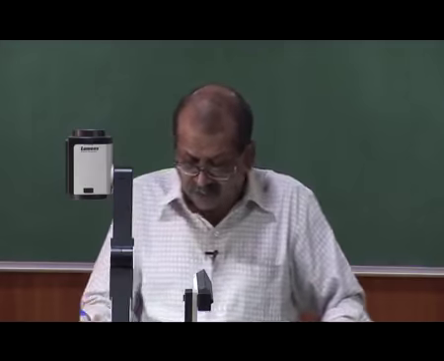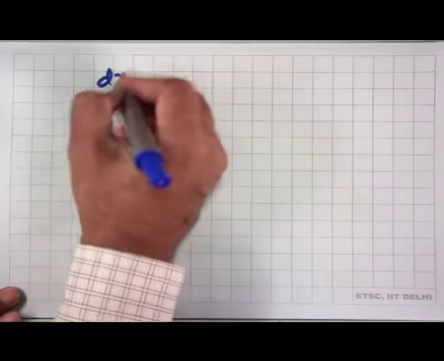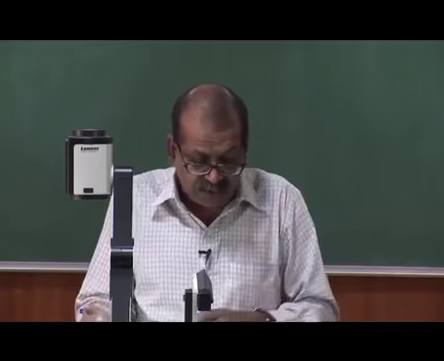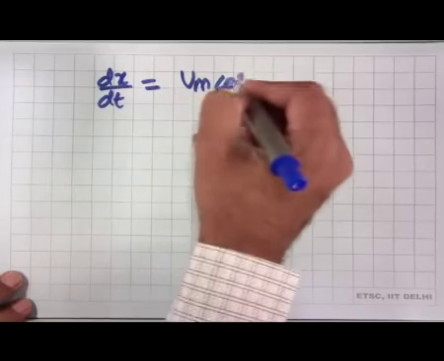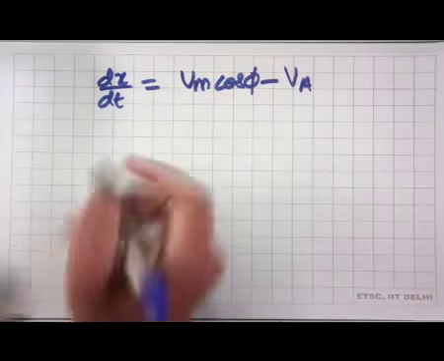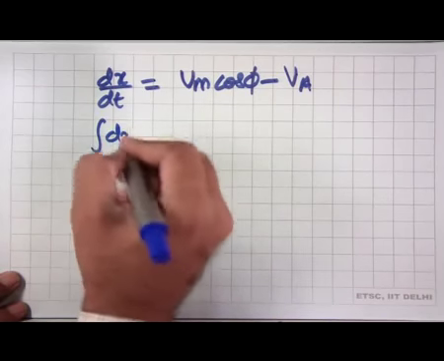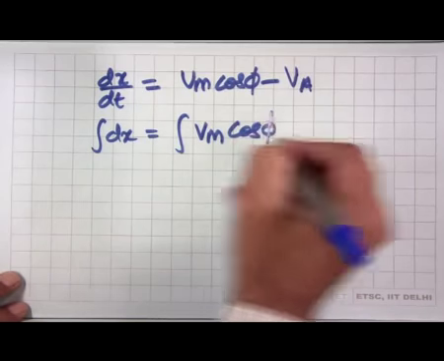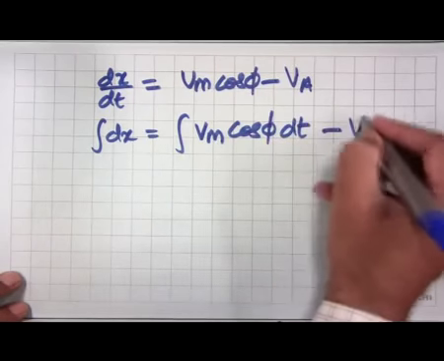So, therefore, we can write dx by dt, which is the separation in the x distance in the aircraft frame of reference, equal to Vm cos phi minus Va. And if I integrate this, integral dx will become equal to integral Vm cos phi dt minus Vat.